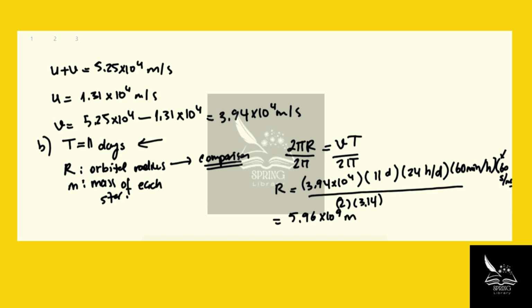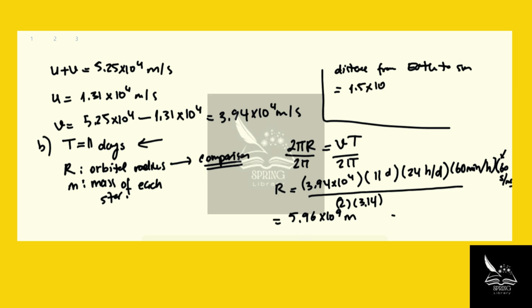Oh, sorry, we were asked to compare this distance to the Earth-Sun distance, right? So let's keep this in mind, the distance from Earth to Sun is actually 1.5 times 10 to the power of 11 meters. So when you're looking at the powers here, it's much greater.